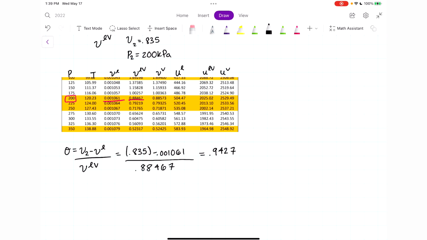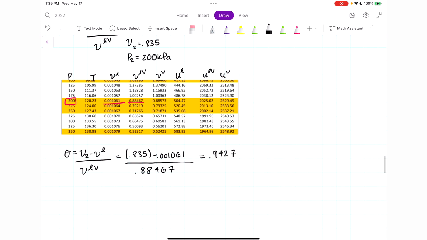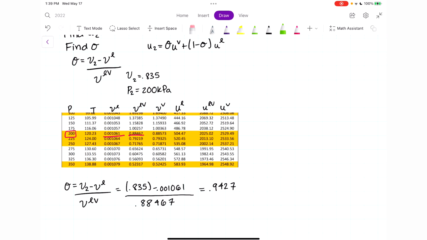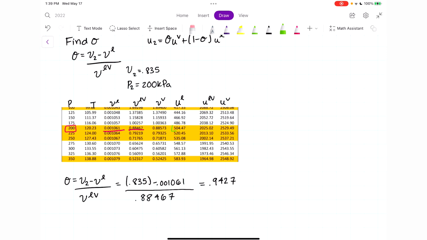Great. After we find the quality, we find the internal energy of state 2. We know the quality, we know the formula, so we need to find UV and UL, which is really easy. UL is right here, and UV is right there. Now we plug those into our equation.